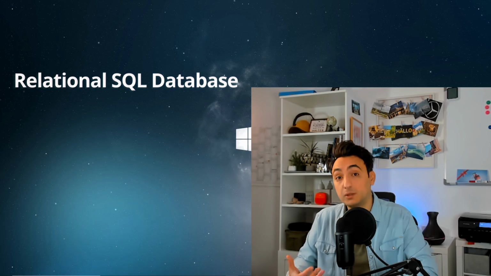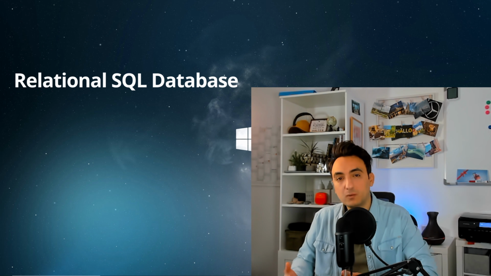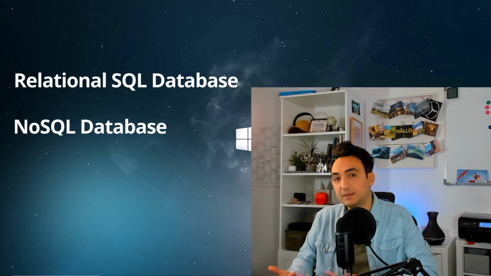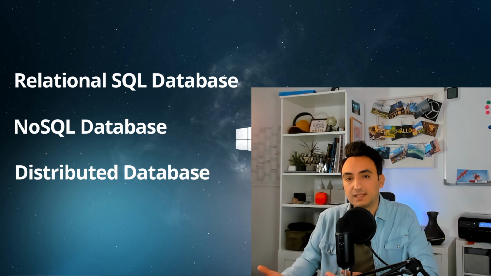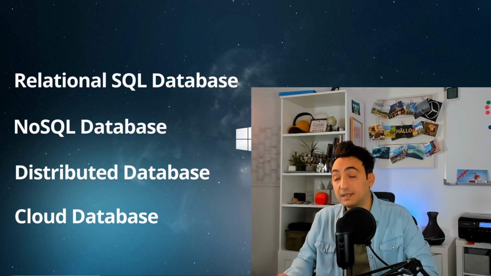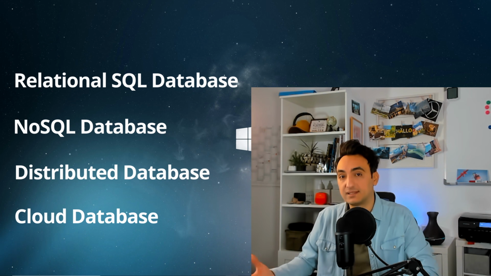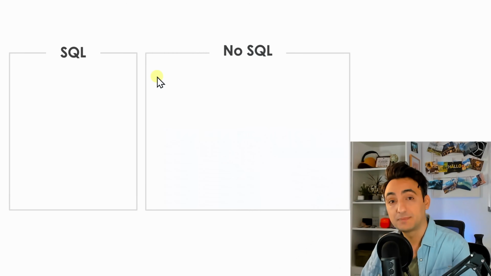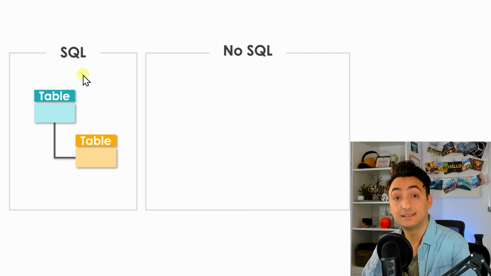We have many different databases. The most famous one, the one that we're going to learn, is the relational SQL databases. Another one is NoSQL databases. We have distributed databases, cloud databases, data warehouses, and so on. Now I'm going to explain SQL and NoSQL databases because they are the most famous ones. SQL or relational databases store the data inside tables.